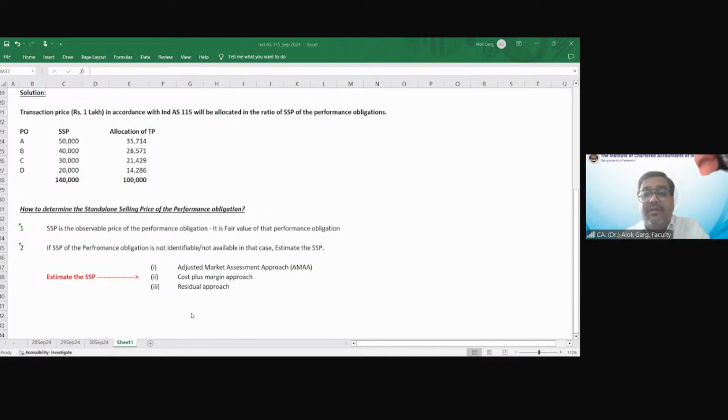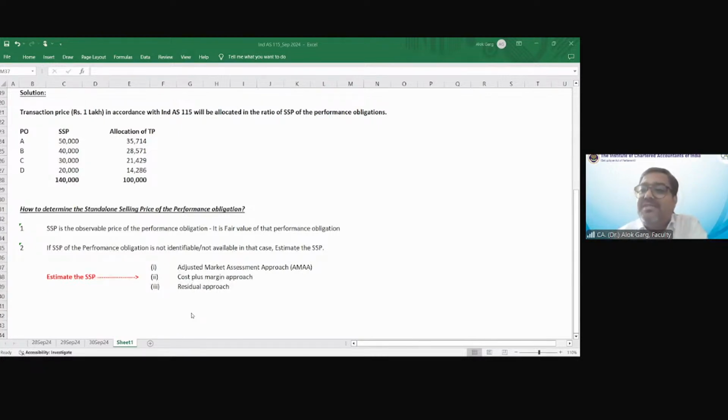Even that is okay. I am talking about practical life, but in an examination question, if it is written that the entity is not selling the goods and services separately, but the competitor is selling these goods, let's say performance obligation B or C, at a price of 5,000 rupees, and in the next line it is written that the entity has adjusted 10% because the entity's cost is higher than the competitor's cost, then the standalone selling price of the performance obligation needs to be adjusted.